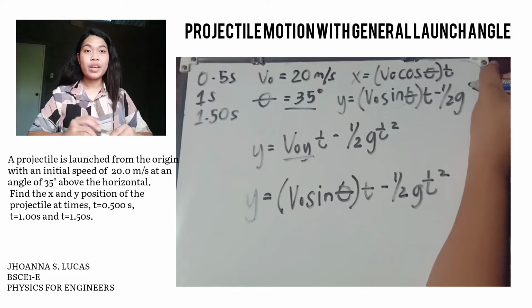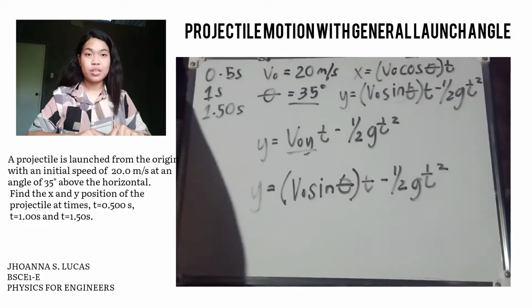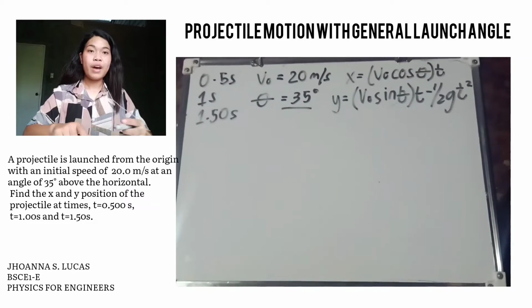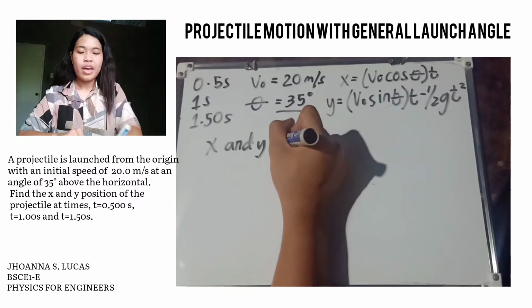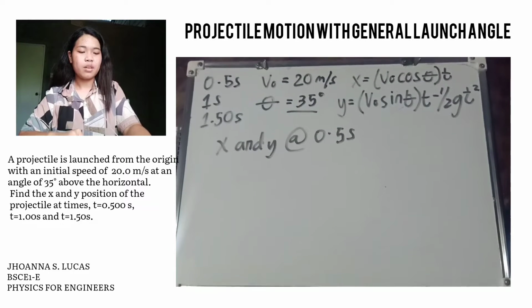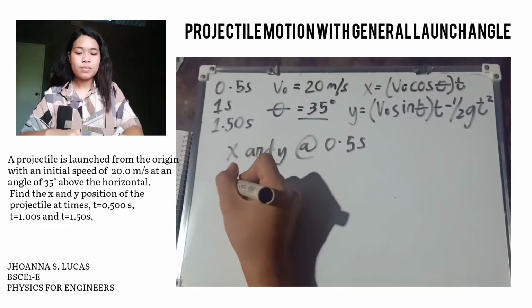Since we're done knowing our givens and our equations, we can now start substituting to solve our problem. First, we will find x and y at 0.5 seconds. Since we know the equation, we will substitute now.